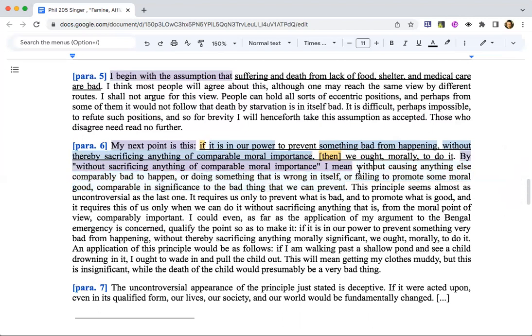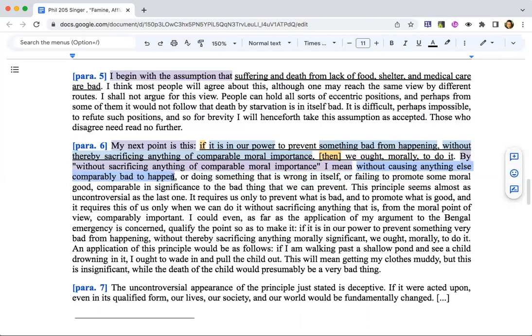Whereas when he says, what I mean is this, without causing anything else comparably bad to happen. If the only way you could prevent this bad thing from happening is to do something that actually causes more harm than good, more harm than you're trying to prevent, he says that would also be sacrificing something comparable in moral importance.